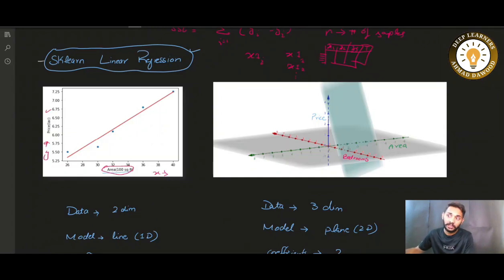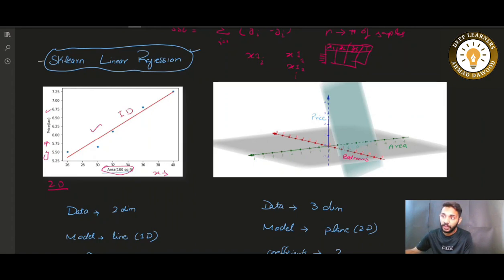Our data set has a total of two columns, one independent column and one dependent column, so our graph will be two dimensional and our model will be one dimensional. Our model is just a line, so it is one dimensional.